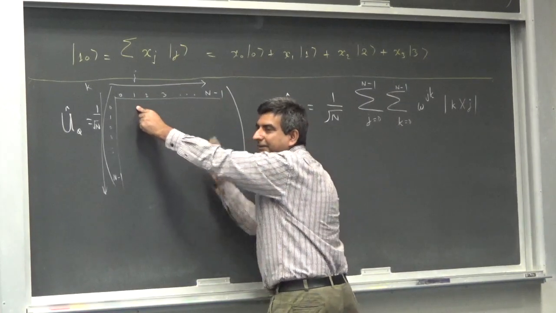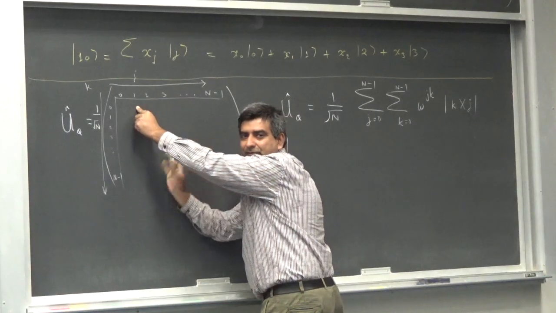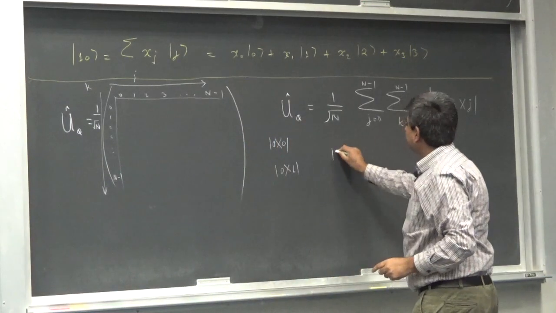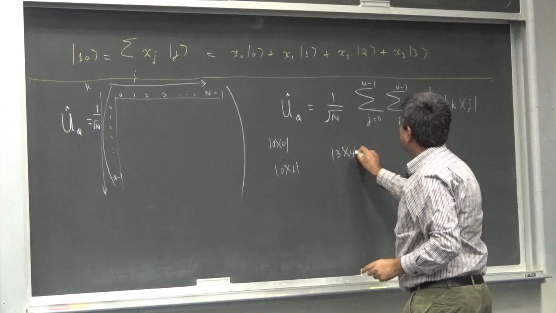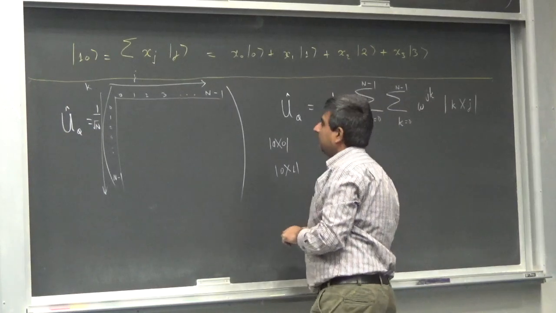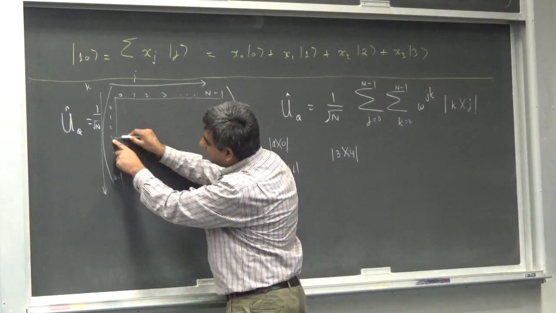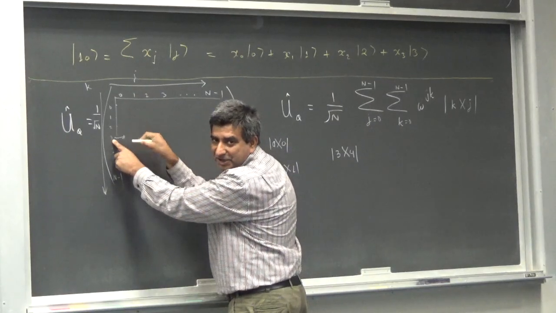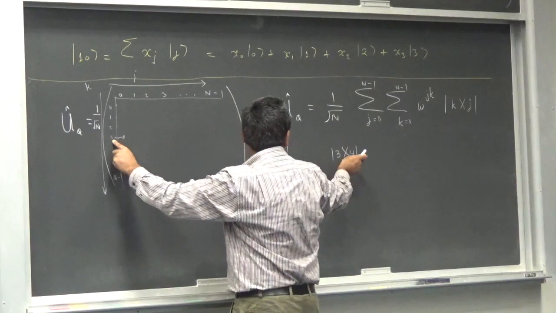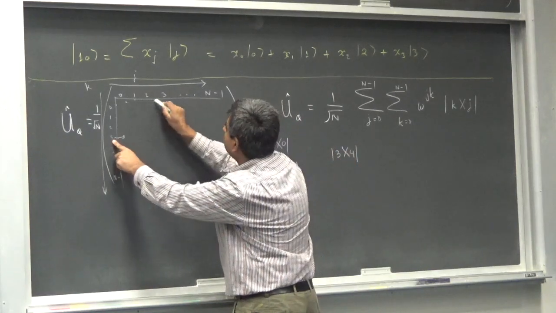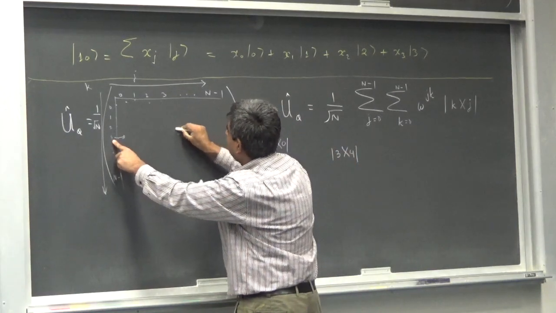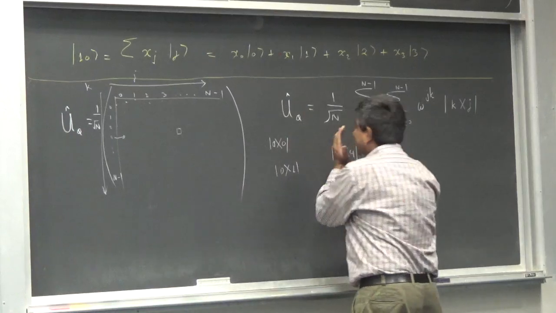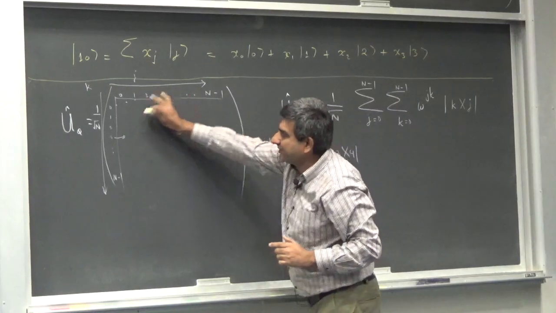This will have a 1 here and 0 elsewhere. Alright? 3, 4 will be in the 4th row, with row index 3 and column index 4. So if I just write this outer product, this means I put a 1 here and 0 elsewhere.